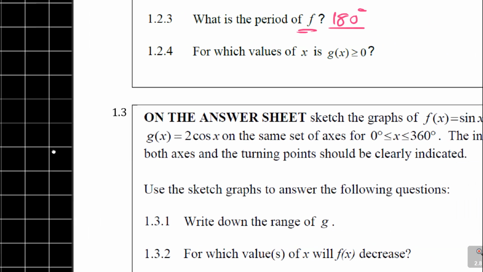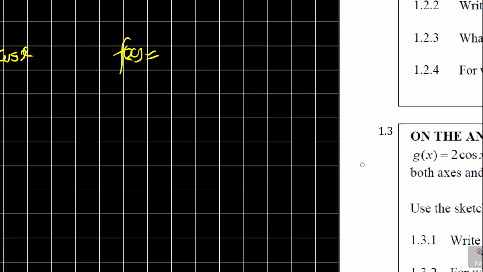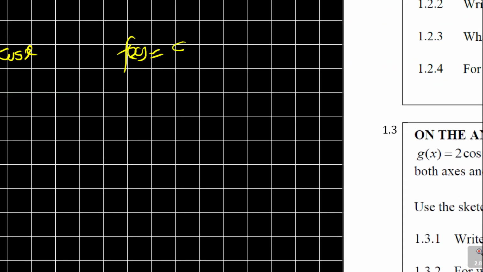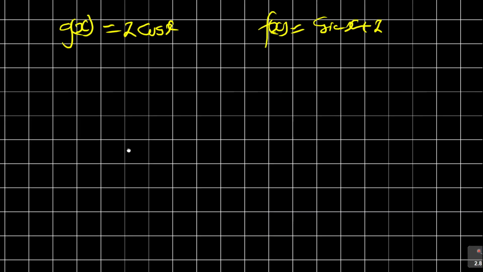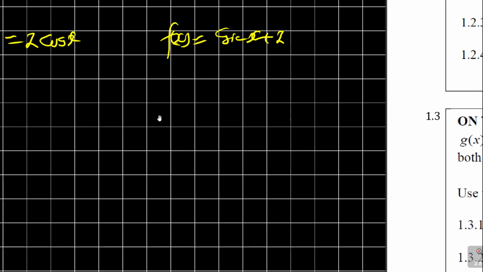Now let me quickly try to sketch that for you. So the first one is what? G of x is equal to 2 cos x. And what about f of x? It's sin x plus 2. So they say between 0 and 360.